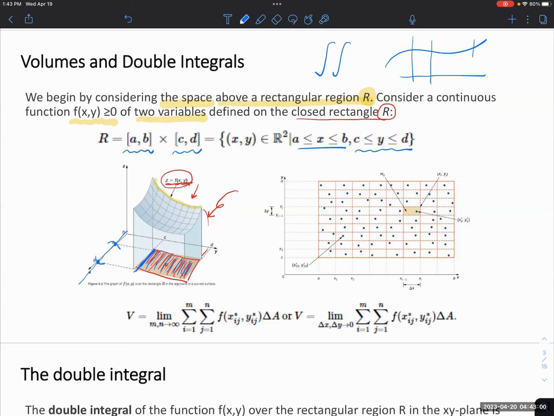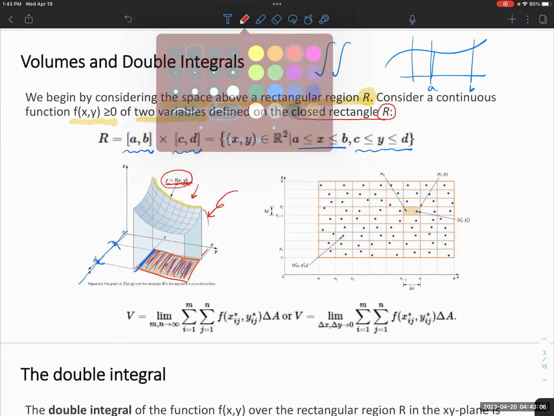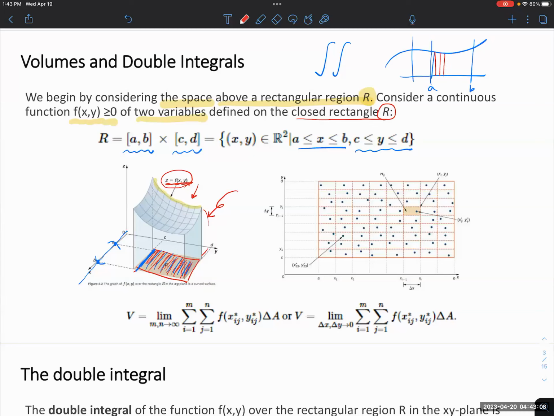So what was the way to find the area? If you remember, from A to B, we create many equal-length rectangles. If you add all the equal-sized rectangles, we might be able to estimate the area under the curve. We called that the Riemann sum, right?